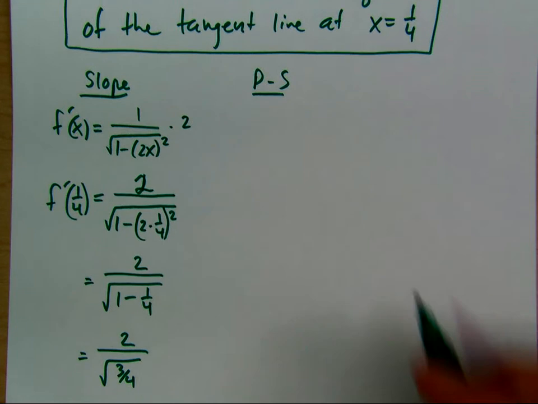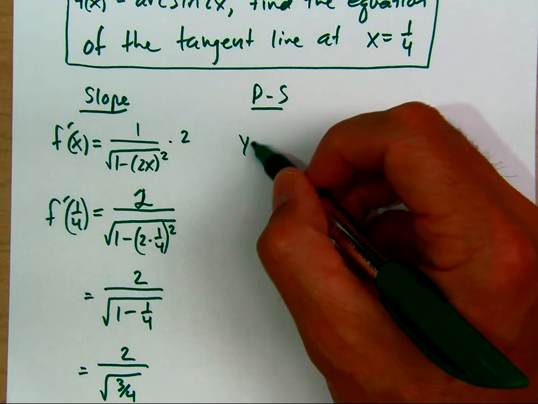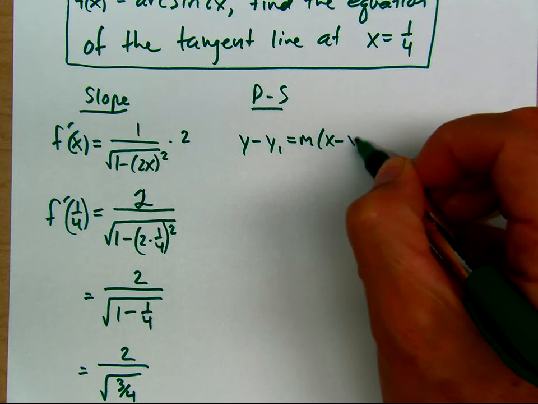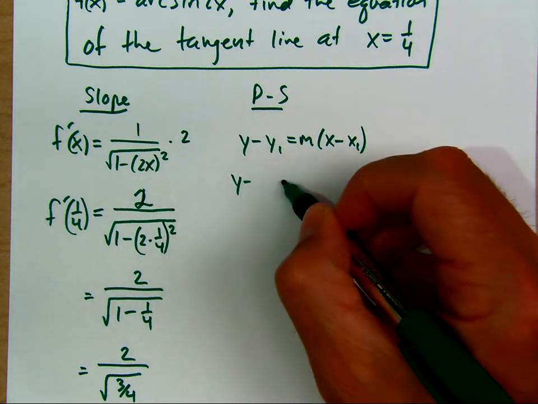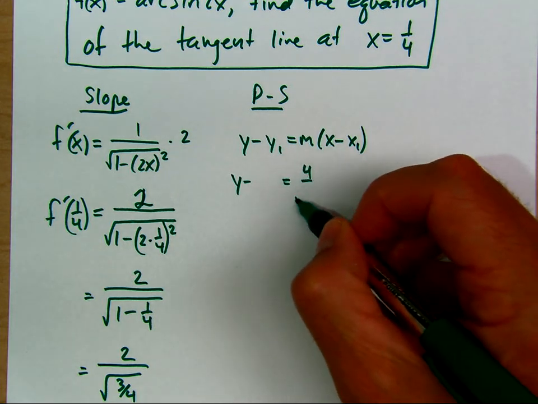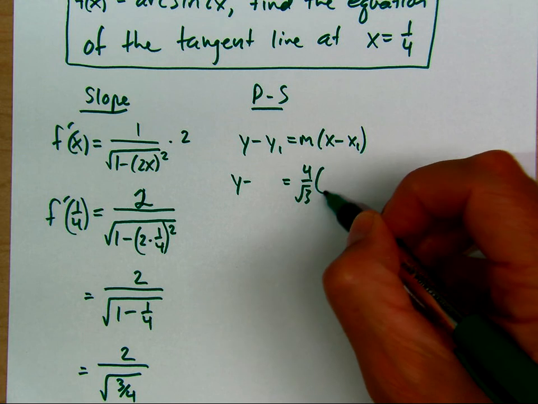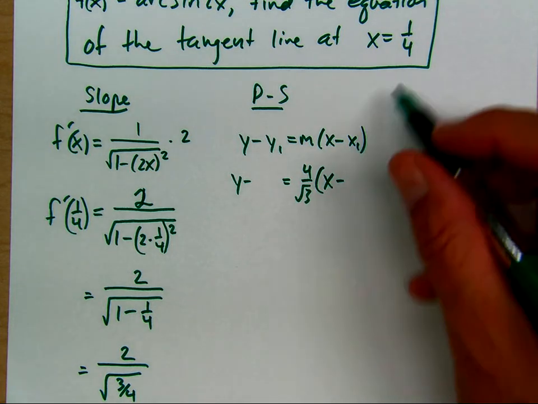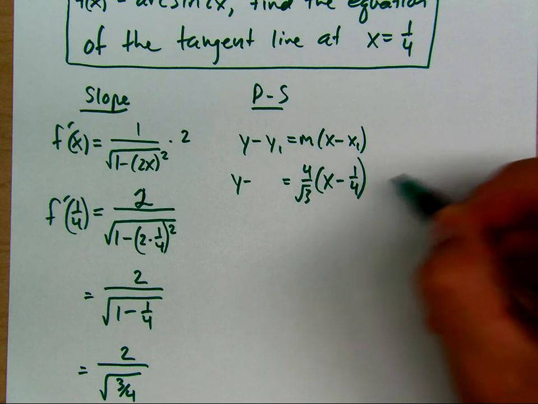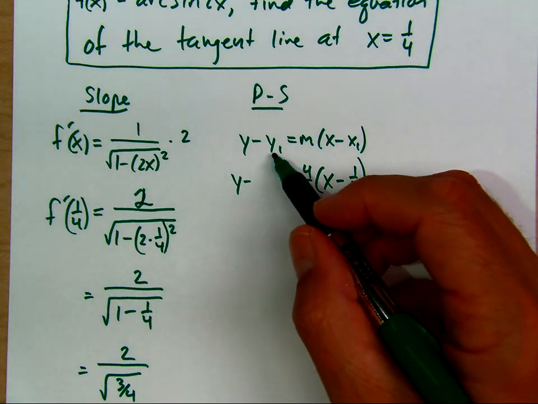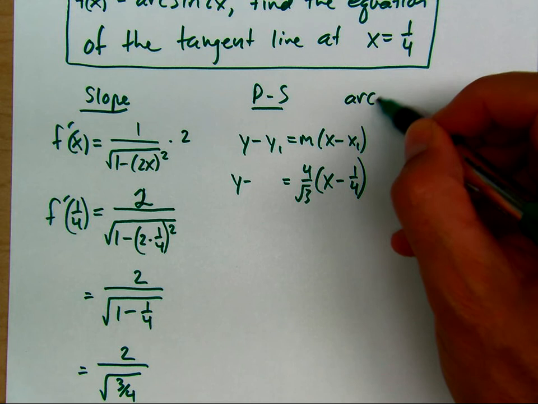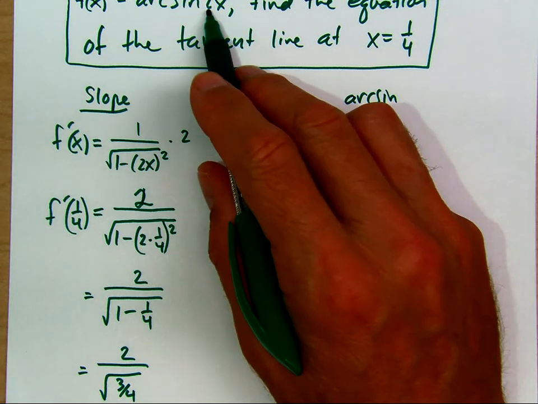Point slope, y minus a y value is m times x minus the x value. The slope is 4 over radical 3, and the x value is 1/4. The y value is arc sine of 2 times 1/4.